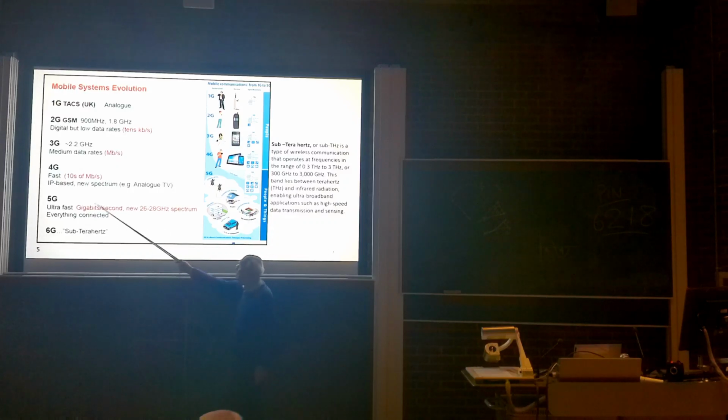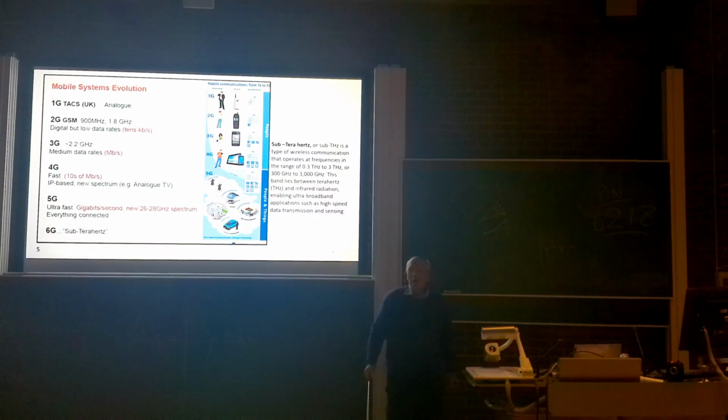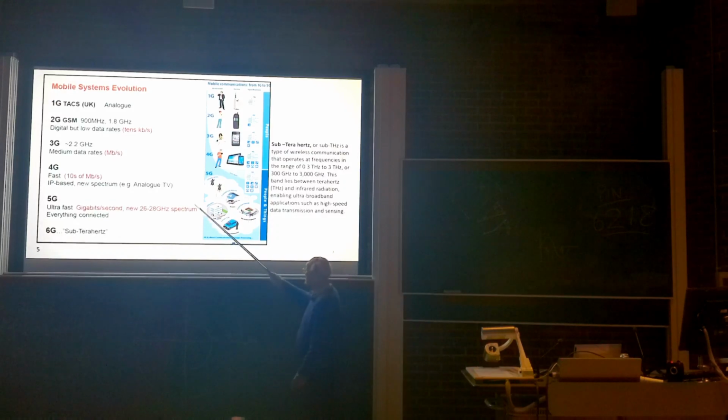It's internet protocol based. It uses some new spectrum. It swiped the analog TV bands when analog TV went all digital. We'll see in a minute, it is a very, very thirsty of spectrum activity indeed. So that's 4G, spectrum analog TV.